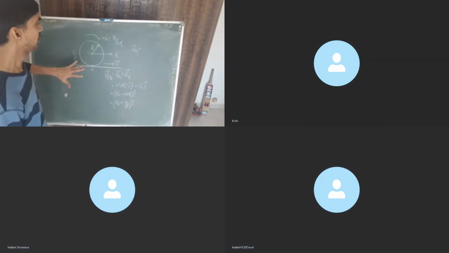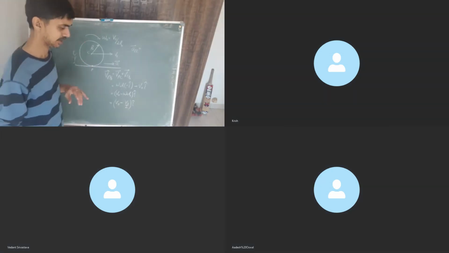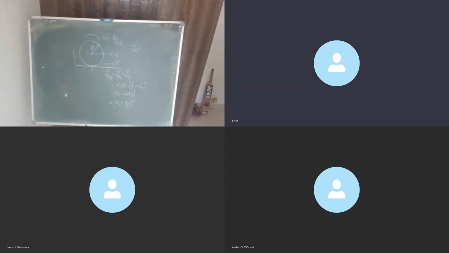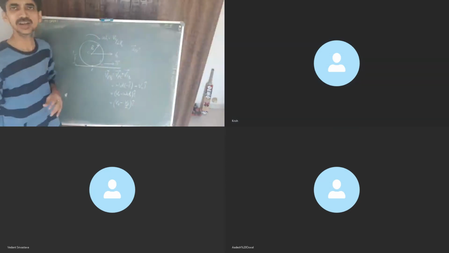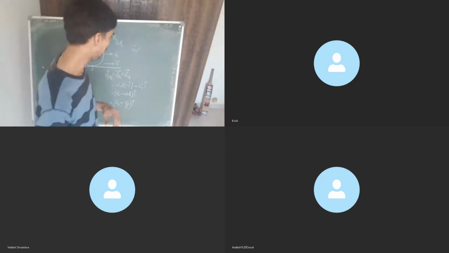Okay, so now we know in which direction friction will act in this case. Tell me which direction it should act in. Backwards. Is it backward? I have to check. Correct, it will be in the backward direction, right, dear?